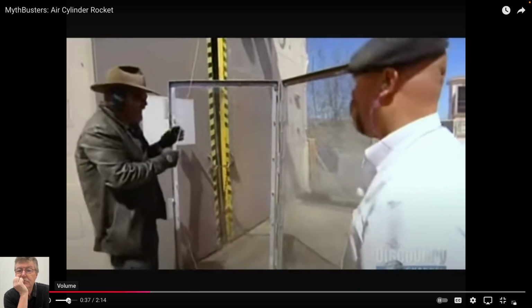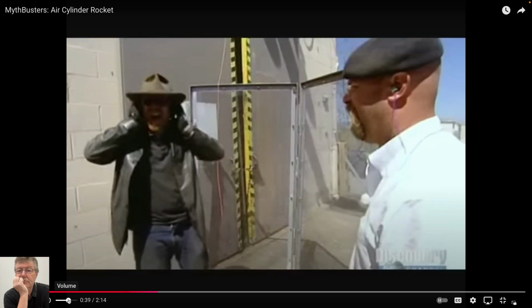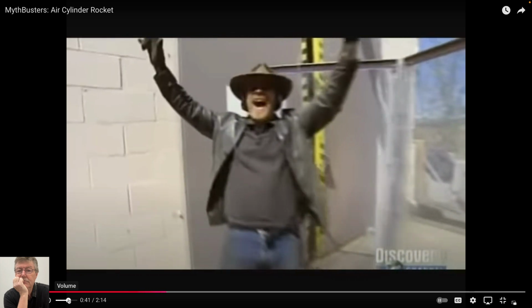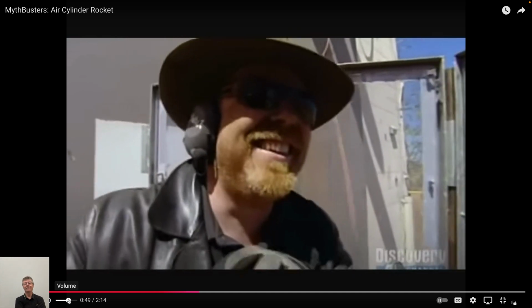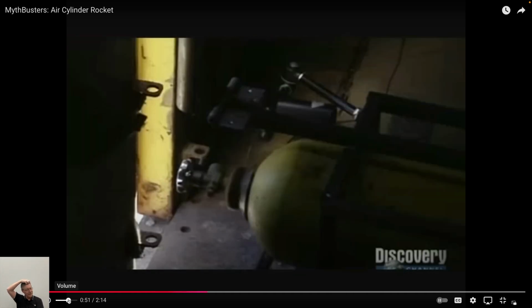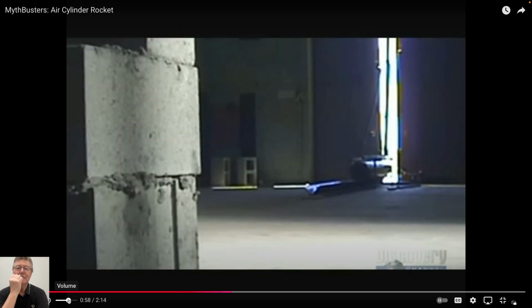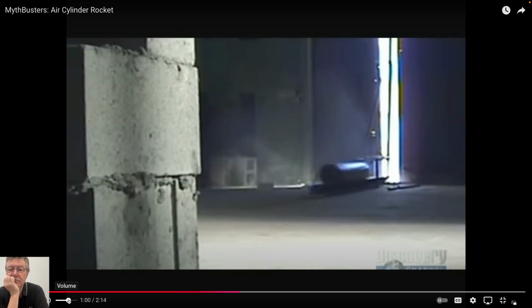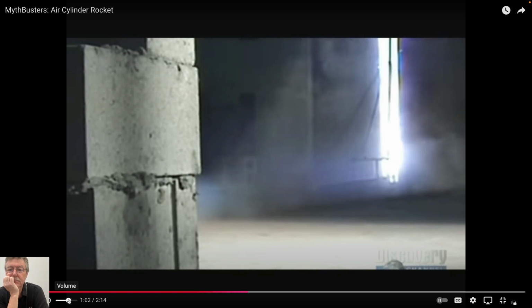Yeah! That's the sound! That is a lovely, lovely sound. The valve has sheared clean off, and that's a very good sign. It looks like the cylinder flew straight and true, but did it have enough thrust to crack the wall?